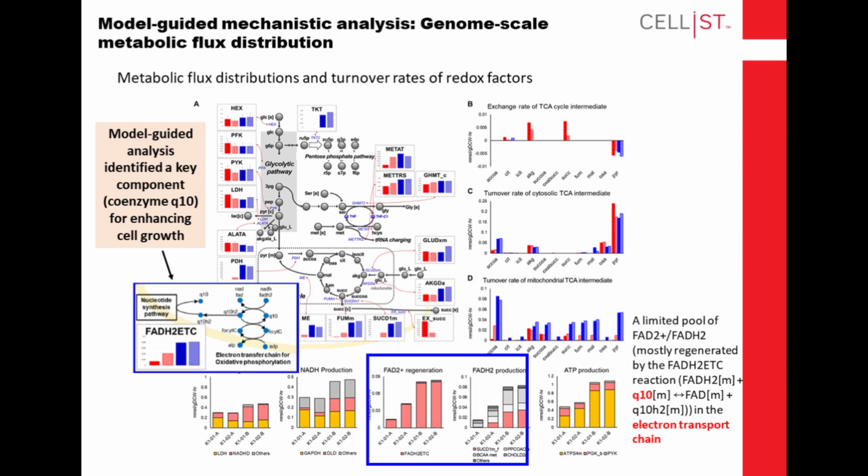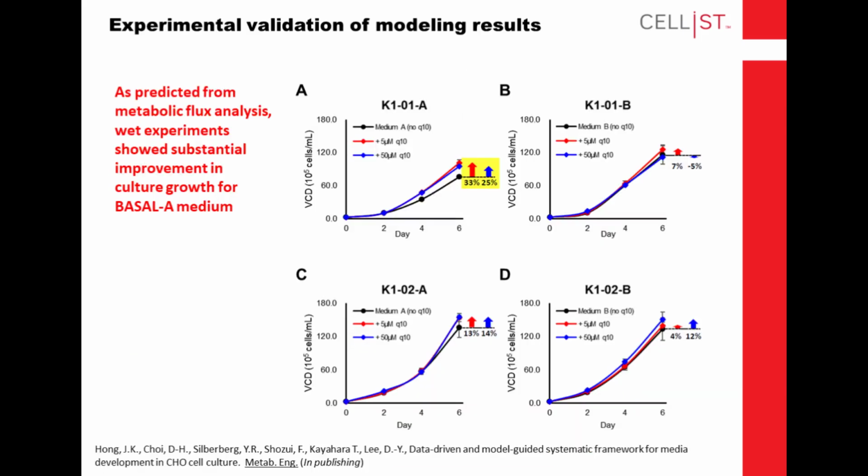Following this outcome from the modeling, a wet experiment followed. As predicted from the flux analysis, it was shown that especially for medium A, in this figure charts A and C, the left 2 charts using medium A, there is a much greater increase in cell growth, more than 30% in one case.